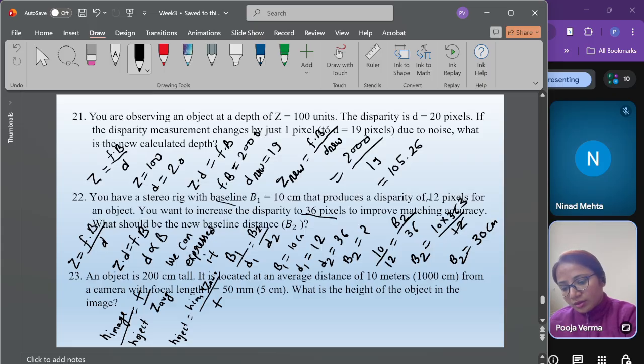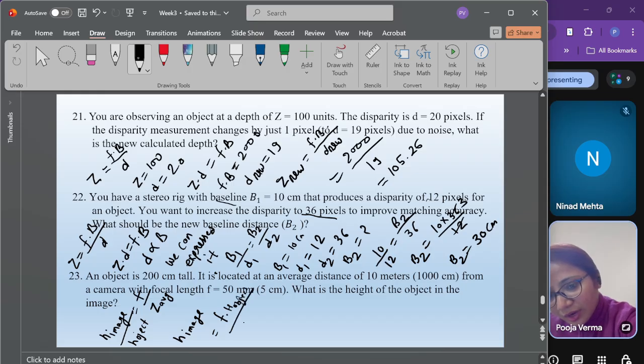We need to calculate the height of the object in the image, so h image is what we need to calculate. That is equal to f into h object divided by z average.